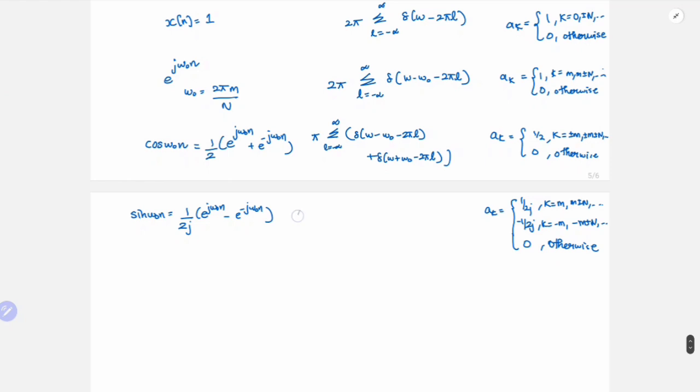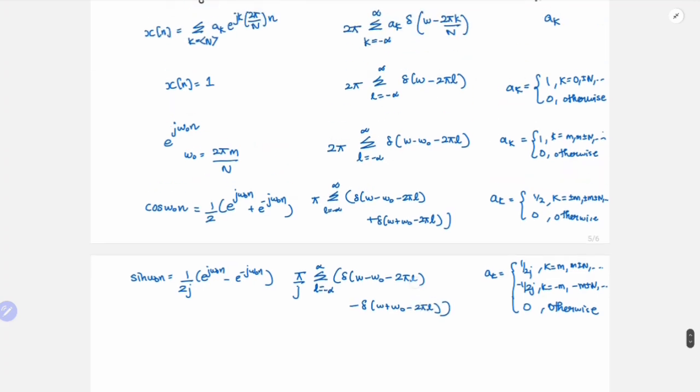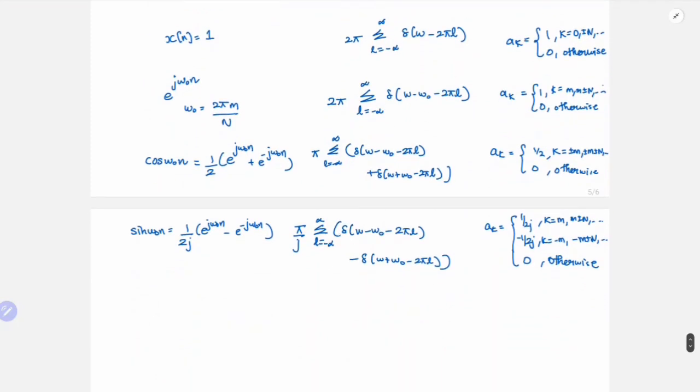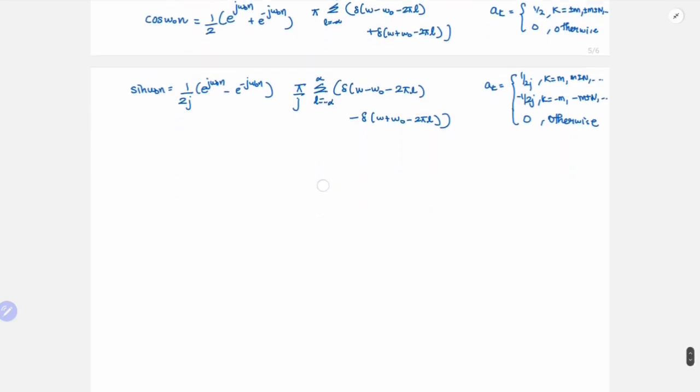And what is this going to look like? π/j summation l equal to minus infinity to infinity [δ(ω − ω0 − 2πl) − δ(ω + ω0 − 2πl)]. Again, it is also sufficient to represent this X(e^(jω)) over only one period, in which case you will have only δ(ω − ω0) − δ(ω + ω0). Okay.